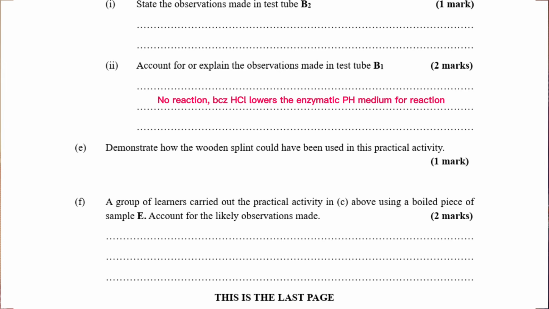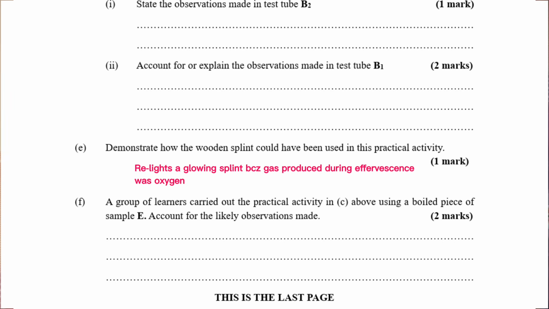E. Demonstrate how the wooden splint could have been used in this practical activity. The learner clearly demonstrates lighting the wooden splint, extinguishing the flame to have a glowing splint, and inserting the glowing splint into a test tube in which oxygen is being produced to show it being relit.